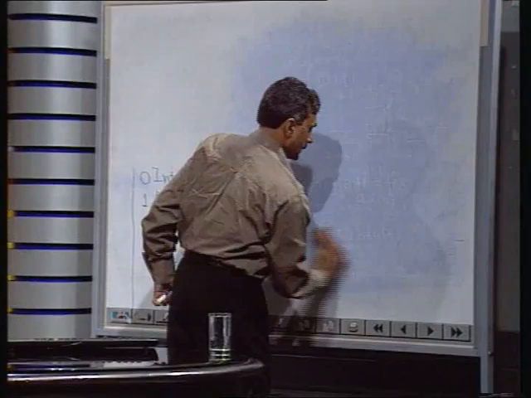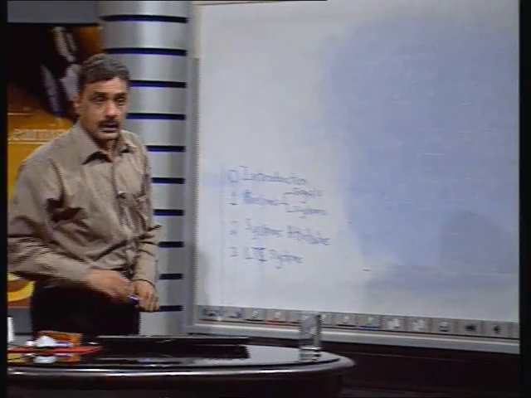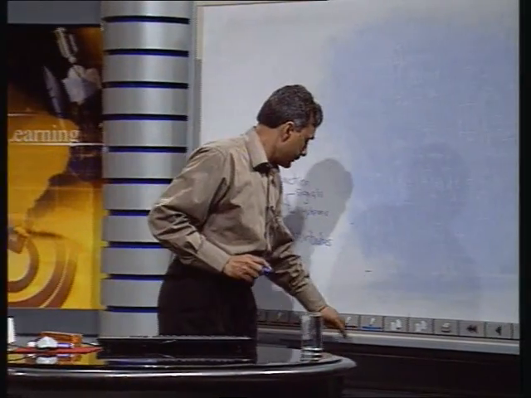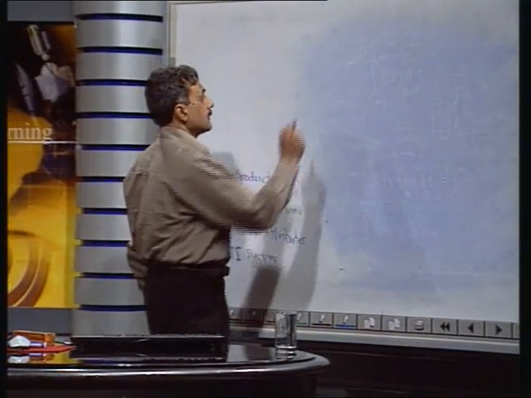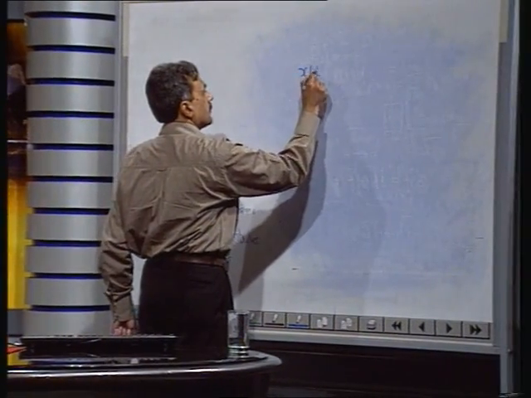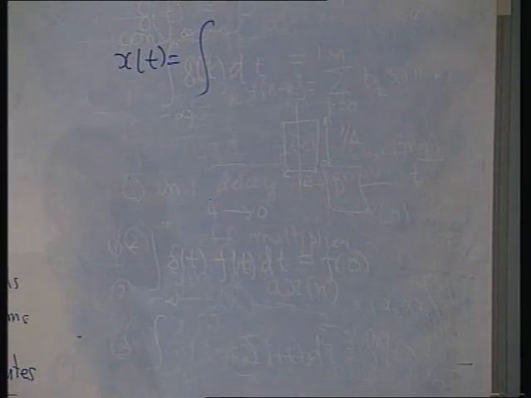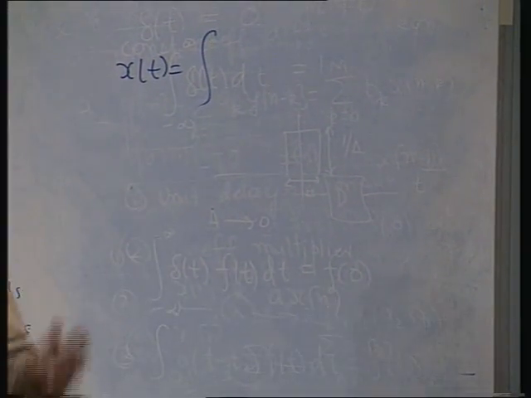So again, the important thing is any signal x(t) can be written as a sum of delayed delta functions.